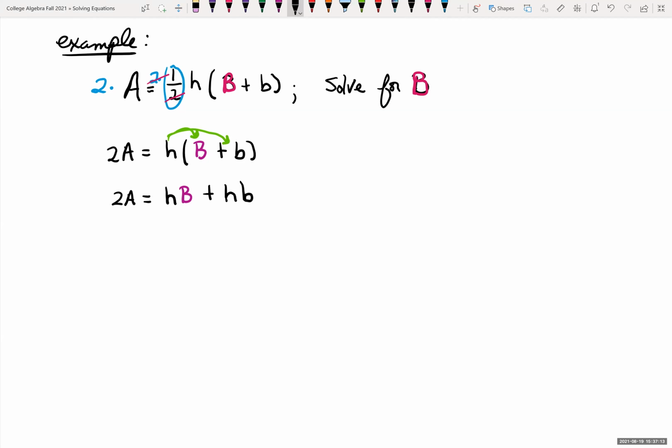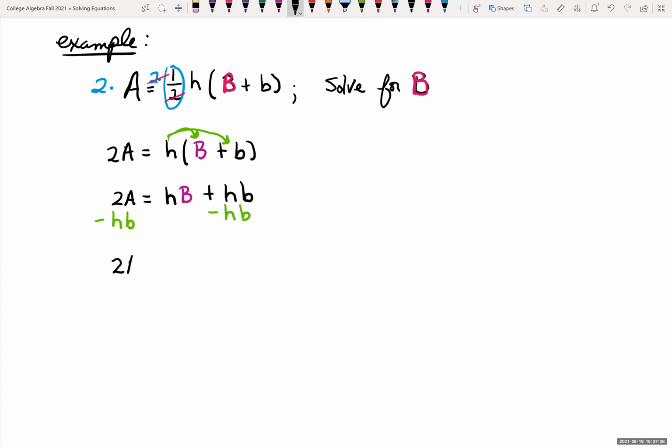We're trying to solve for capital B, so we want all terms without capital B on one side of the equation. That means I need to get rid of that positive h lowercase b on that side, and I can do that by subtracting h lowercase b on both sides. Well, 2A and minus hb are not the same, so I'm going to rewrite that.